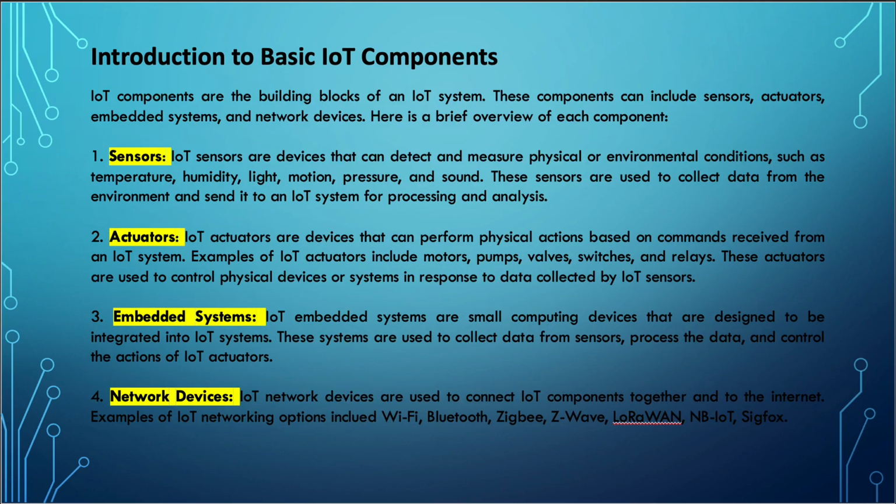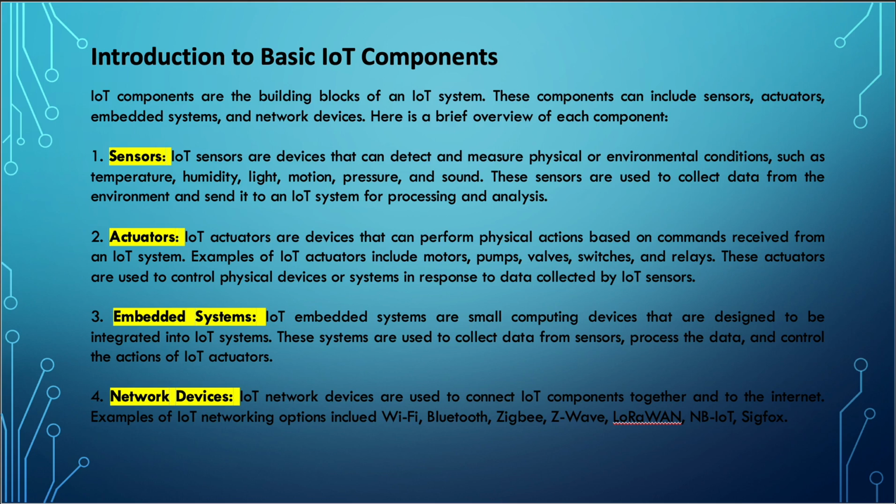Again, when we talked about IoT, it's the Internet of Things. So there should be things and there should be internet, which means there should be a network. Speaking about the main components of the Internet of Things, the physical things, we talked about sensors, right?